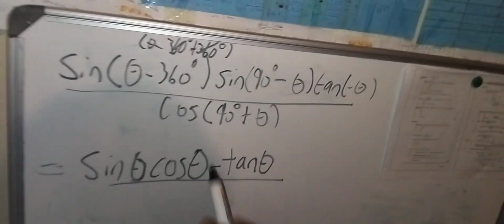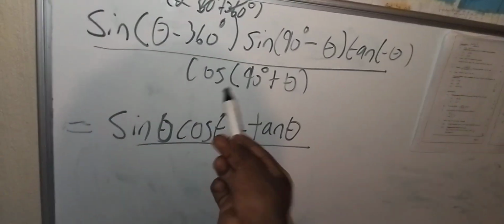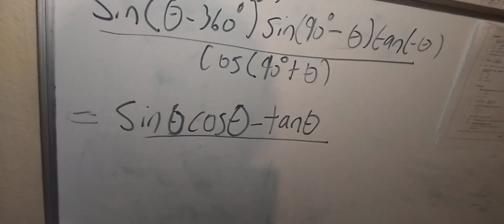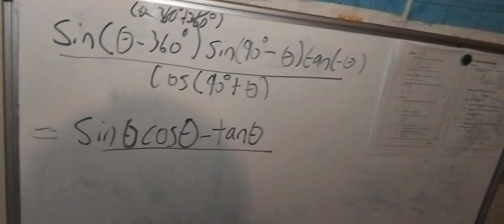We're going to apply some identities here and there, but you're going to see. So this is a negative tan theta, which is also divided by, in this case, cos, open brackets, 90 degrees plus theta. Because it's 90 degrees plus an acute angle, it's in the second quadrant. If we take any acute angle, let's say 90 plus 50, we get 140 degrees, which is part of the second quadrant.